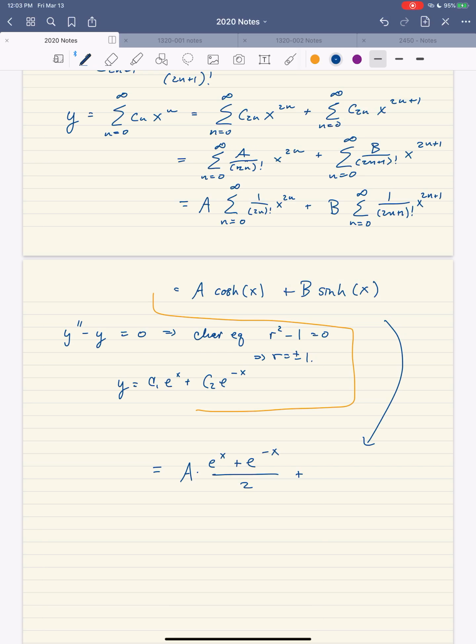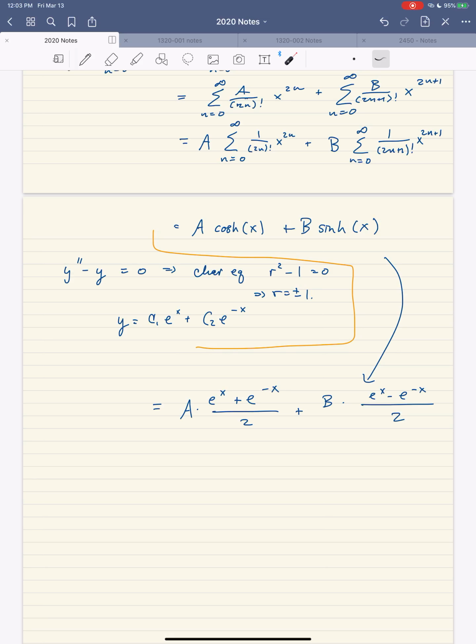And likewise, hyperbolic sine can be written as b times e to the x minus e to the negative x over 2. Okay, so the only difference there being the sign between the terms in the numerator. Okay, a plus versus a minus.